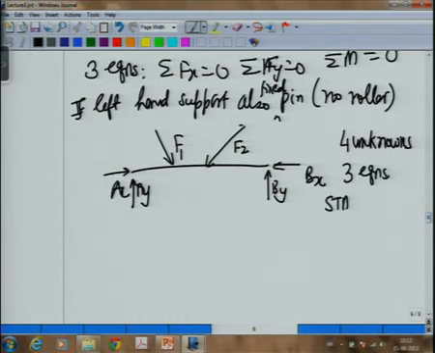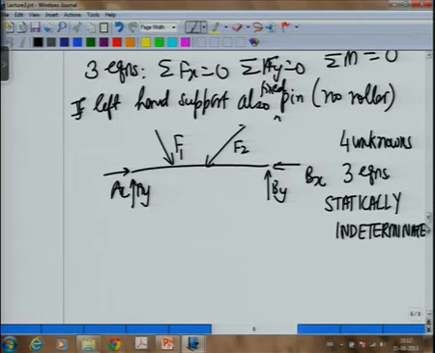So, this is what is termed as statically indeterminate system. And here we cannot solve the unknowns just by the equations of statics. We have to go into local deformation theory and mechanics of materials to be able to determine the fourth unknown.